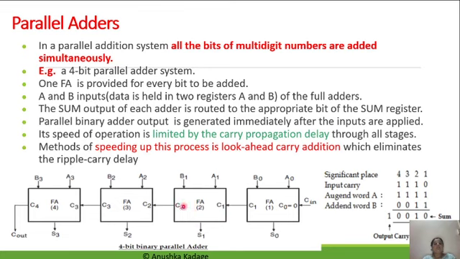At the same time, C2 for the next bit addition is forwarded from the previous addition. Now C2, A2, B2 will be taken by full adder 3, S2 will be generated, and the next carry is forwarded to full adder 4 in the form of C3. Here C3, A3, B3 will be added to generate the sum S3 and give out the carry as C4.